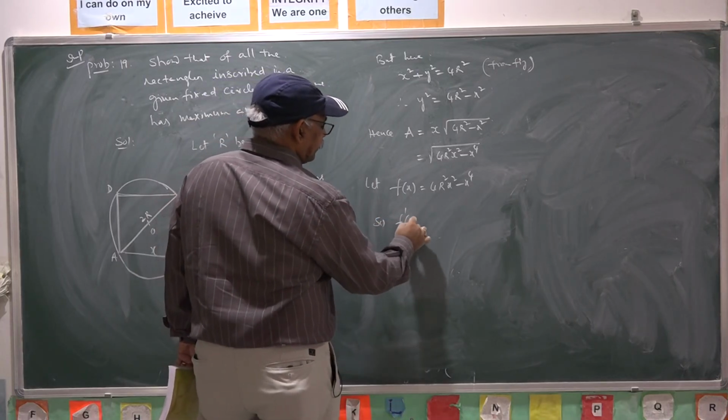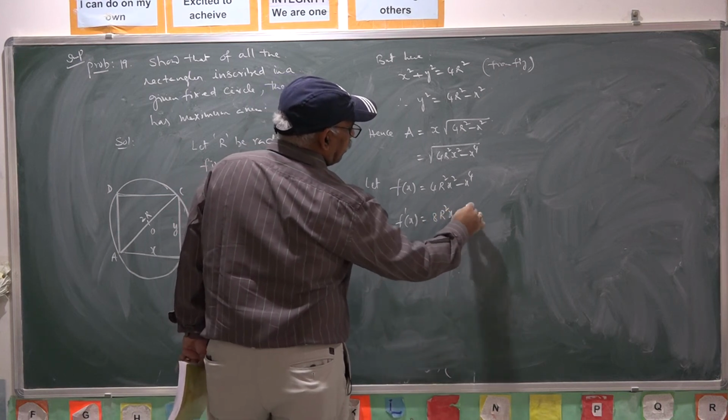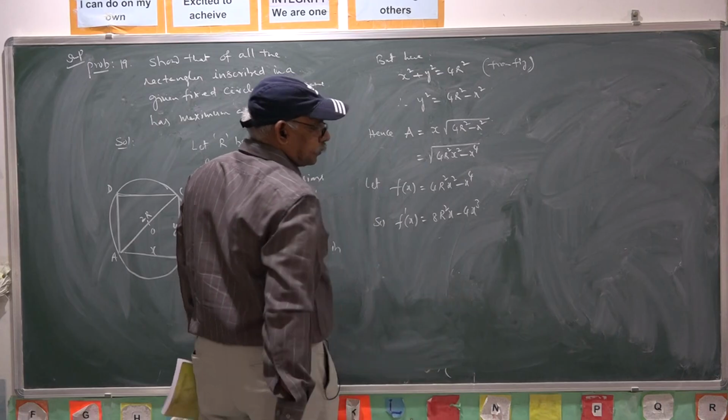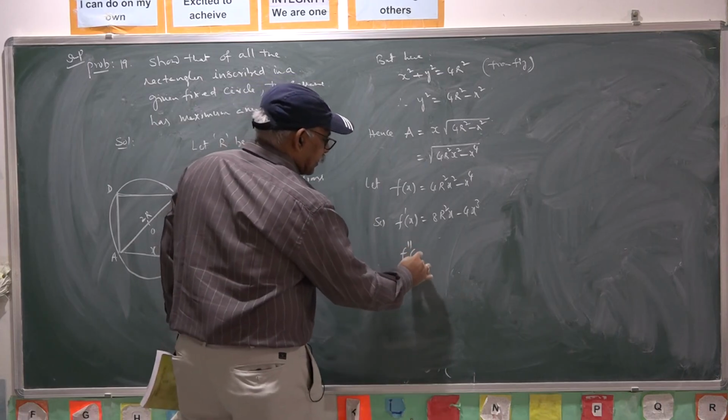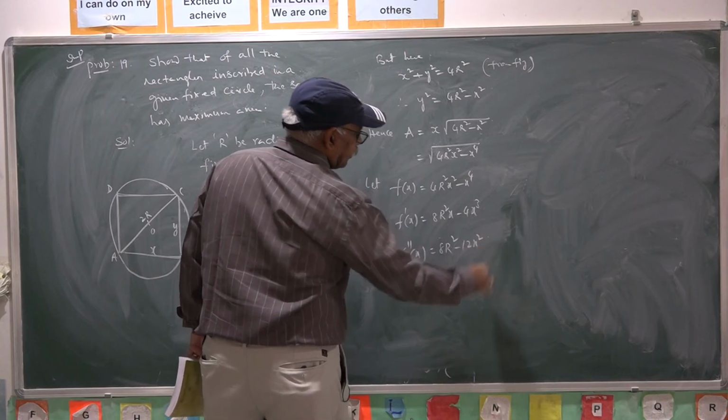So f dash x is 8r square x minus 4x cube. F double dash x is 8r square minus 12x square.